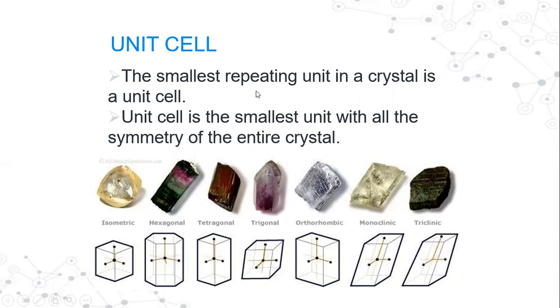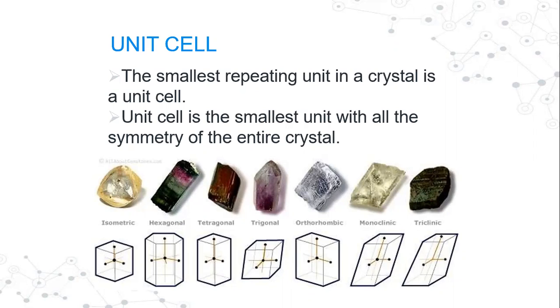Next, what is a unit cell? The smallest repeating unit in a crystal is a unit cell. We have already studied repeating units in polymers. What is meant by polymers? Poly means many, mer means repeated units. So many repeated units of the crystals.